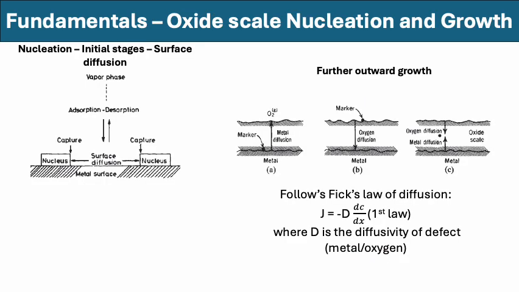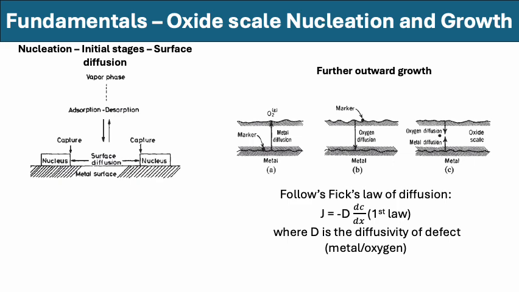So far in this lecture we have been talking mainly about the thermodynamics of oxide formation, but any physical phenomenon is governed by two fundamental aspects, thermodynamics and kinetics. When we study kinetics, there are two things we need to consider in the case of oxide scale formation.